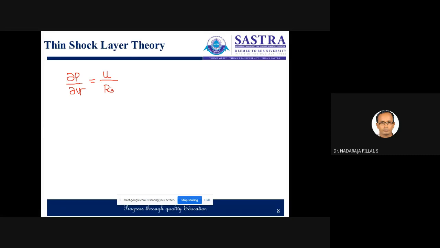As we know, we made an earlier assumption of a thin shock layer. We can consider that u is equal to Us, where Us is the velocity just behind the shock.